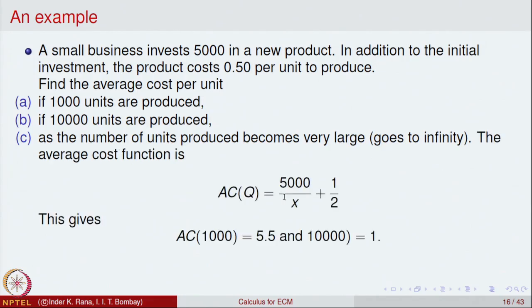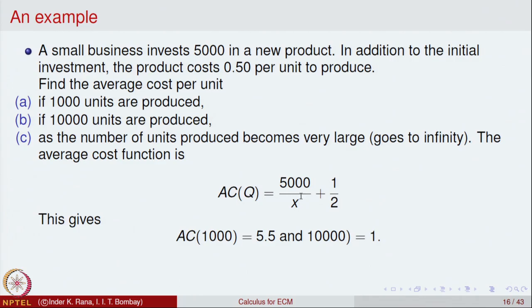So, the average cost function we know is defined by the invested money, which is 5,000, and the number of units being produced is very, very large. We want to find the average cost of producing it. It should be x here, or one should write q because the variable is denoted by q.